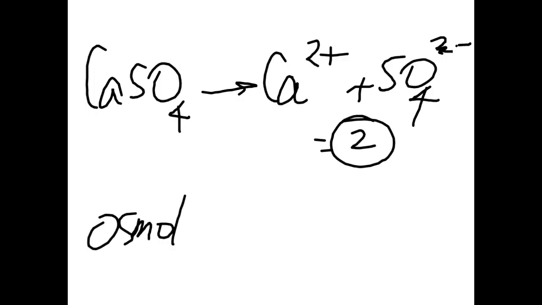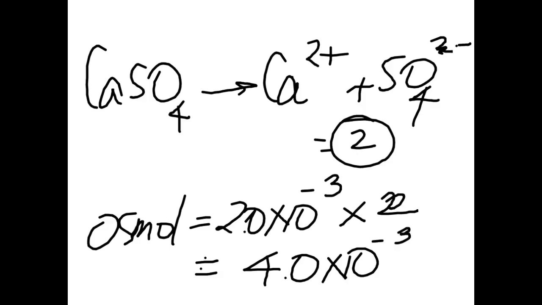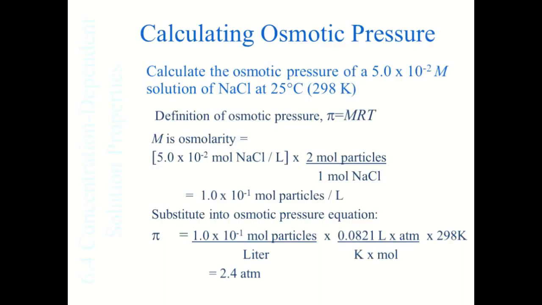So our osmolarity will be equal to 2.0 times 10 to the negative 3 times 2. Very good. So what is it? 4.0 times 10 to the negative 3. Any questions? Okay, very good.